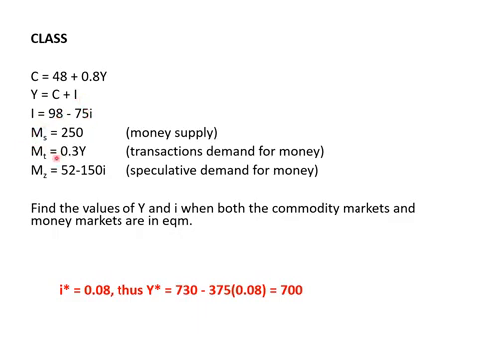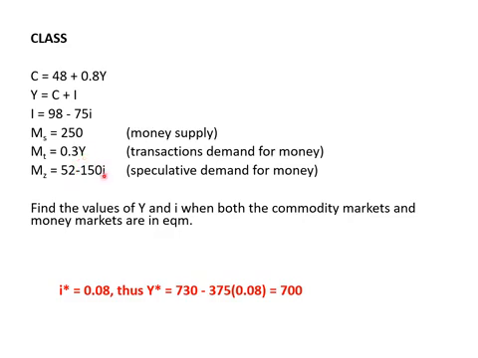Then for the money market, again, you want an equation for equilibrium. And we know that equilibrium is where money supply equals money demanded. We've got two components to money demand here. So we have to set money supply equal to total money demand. And again, you'll end up with an equilibrium equation solely in terms of y and little i.